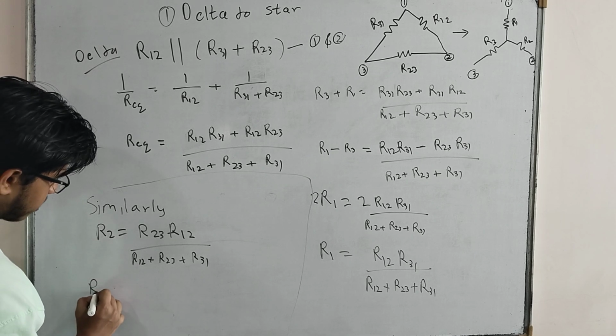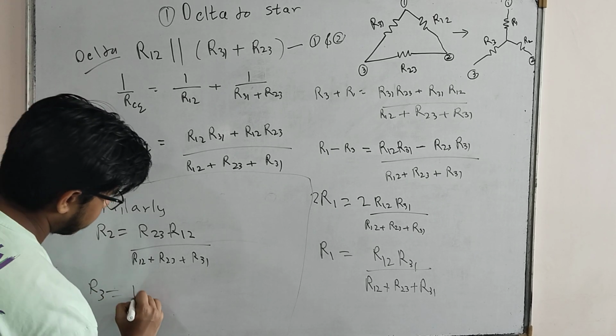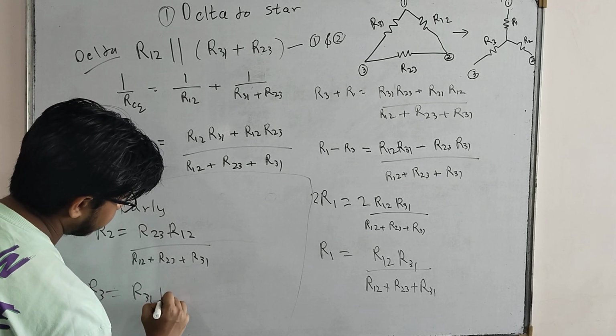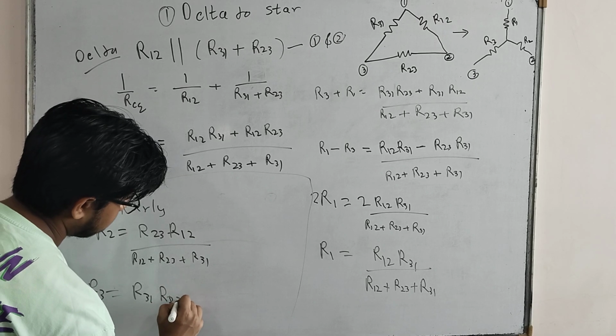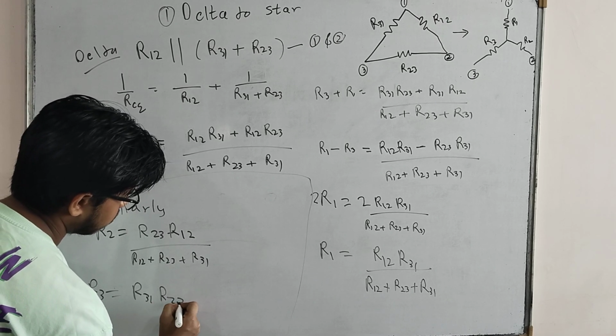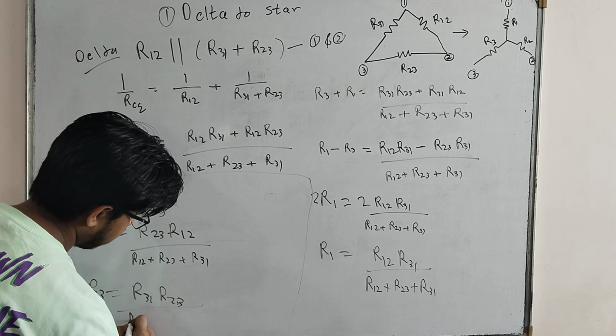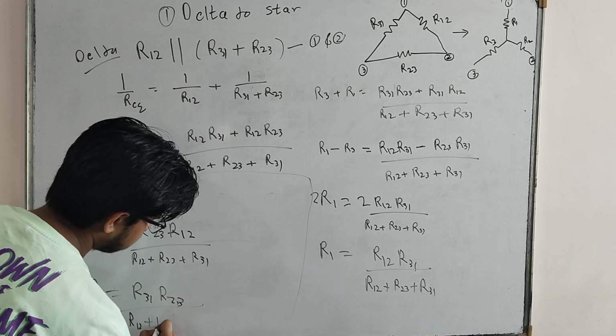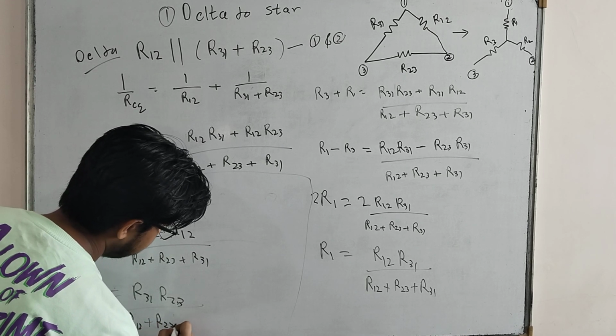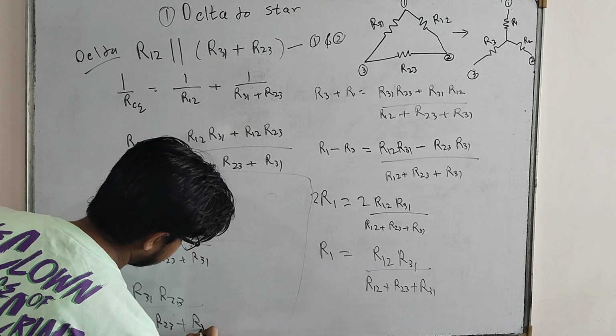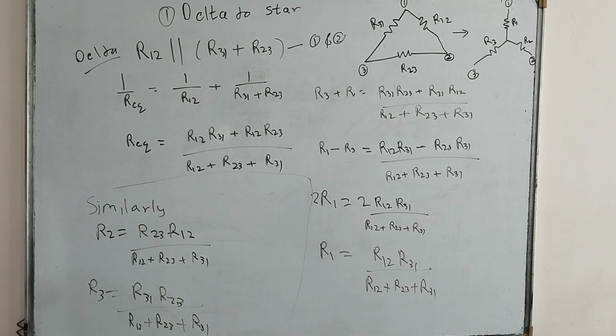And similarly, I can also write R3 is equal to R31 into R23 whole divided by R12 plus R23 plus R31. Okay, so please note this.